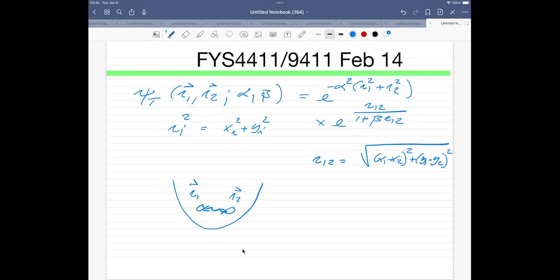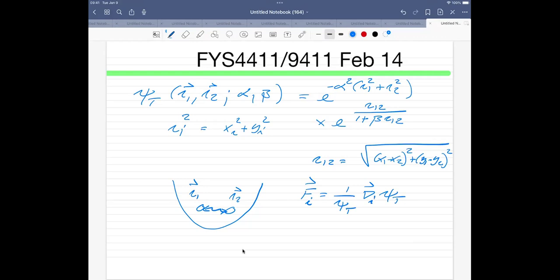But what we need now is obviously from a computational point of view, we need this quantum force, which is going to be given by 1 over psi_T. So this is a vector of del of psi_T. And this will be a component for each particle. So we need that. That is one element which we need. And we will also need that one when we calculate the kinetic energy.